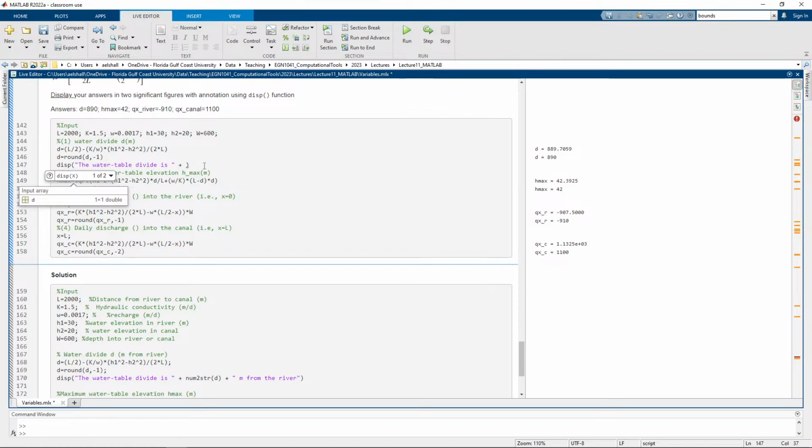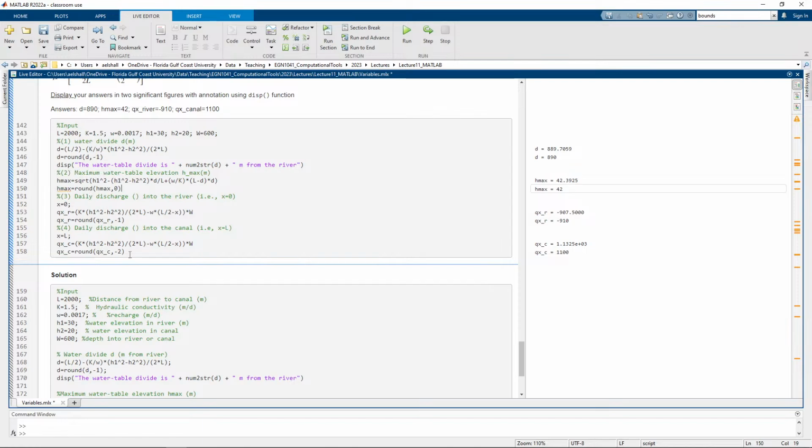Remember, that's a number, so if I want to use it as a string, I have to convert it to string. So number to string, and that would be D, and then plus I put here meter from the river, something like this.